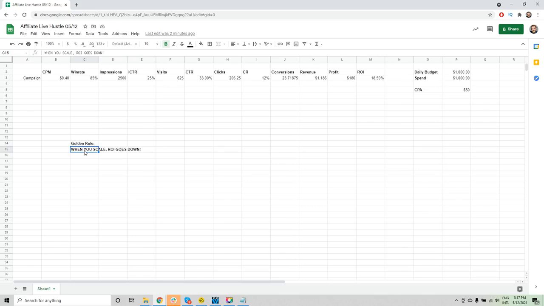Only increase a bit when you're not spending your complete daily budget. If you're not spending your complete daily budget and you have a very low win rate, in that case you might want to increase the bid a little bit, because we do not want to make emotion-based decisions. We want to make data-driven decisions. So the more data, the more stable it is, and the less it will fluctuate.